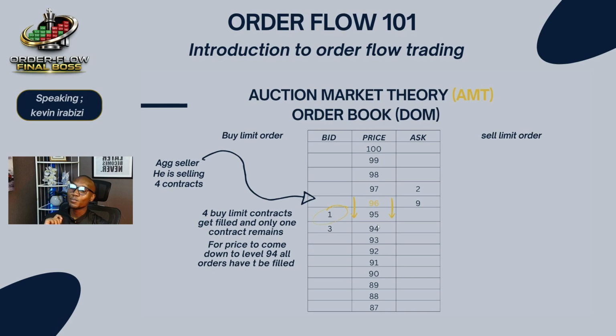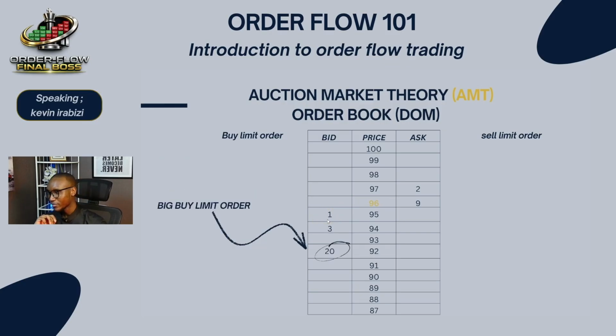For us to go to price level 94, we need an aggressive seller to come and sell to him, so his order gets filled, because he's a limit buyer. So an aggressive seller will come and sell to him, and his order will get filled. Then price will go to level 94 if we have any other aggressive seller and no limit orders here. Let's go. Next explanation.